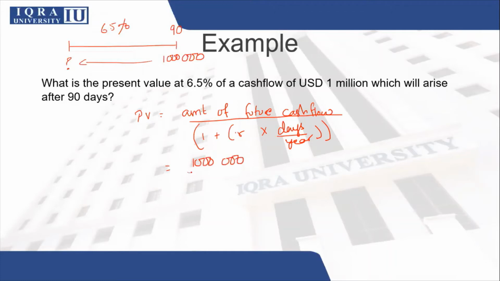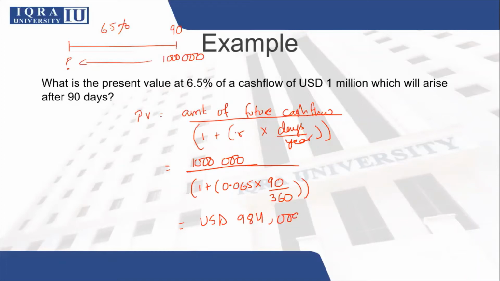So 1 million divided by 1 plus the rate, 6.5%, so 0.065, times 90 days. And it's USD, so we're going to use 360. If you solve this, your answer is going to come to 984,009.84. So this is the present value of the future cash flow.